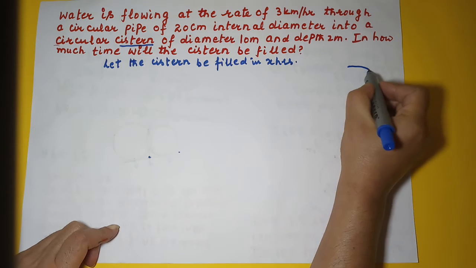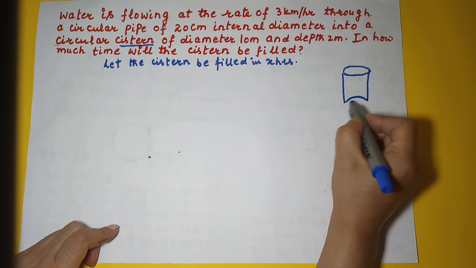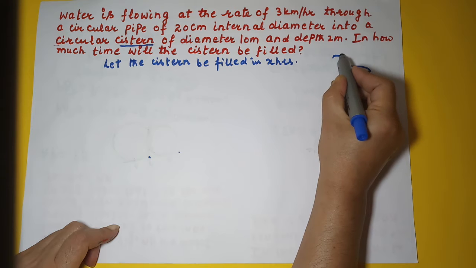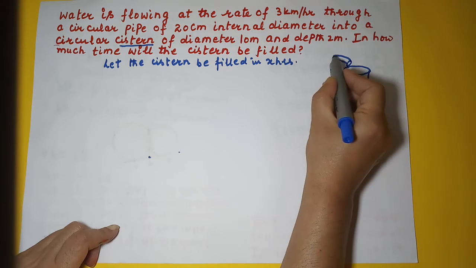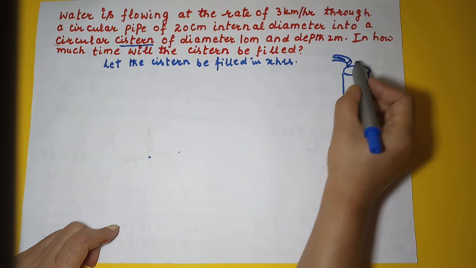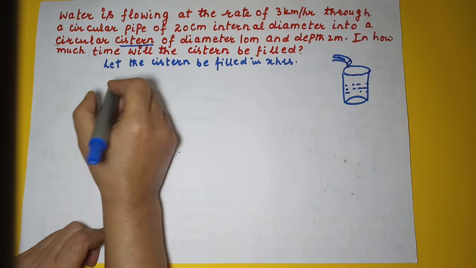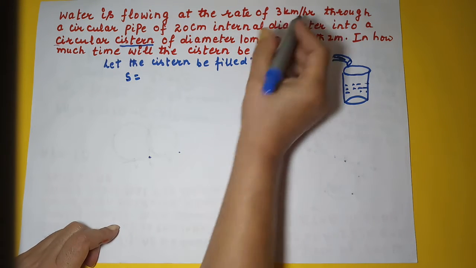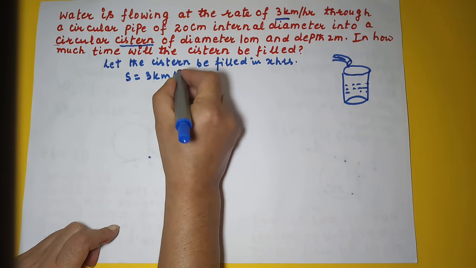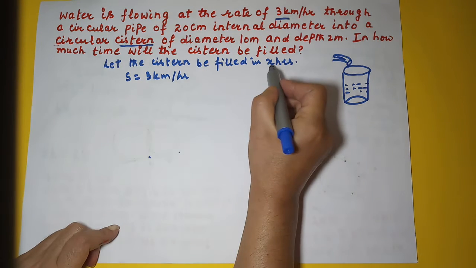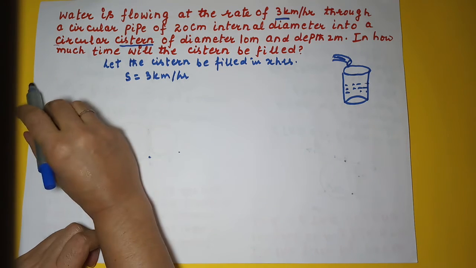So here is the cistern and here is the circular pipe which is filling this cistern. Now the water that is coming here is filling this cistern, right? Okay. Now what is the speed that is given to us? 3 kilometers per hour. Time we have said that let it be x hours, right?